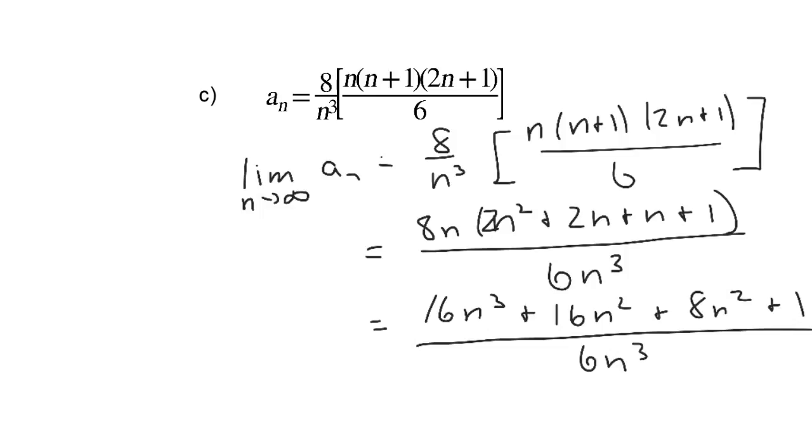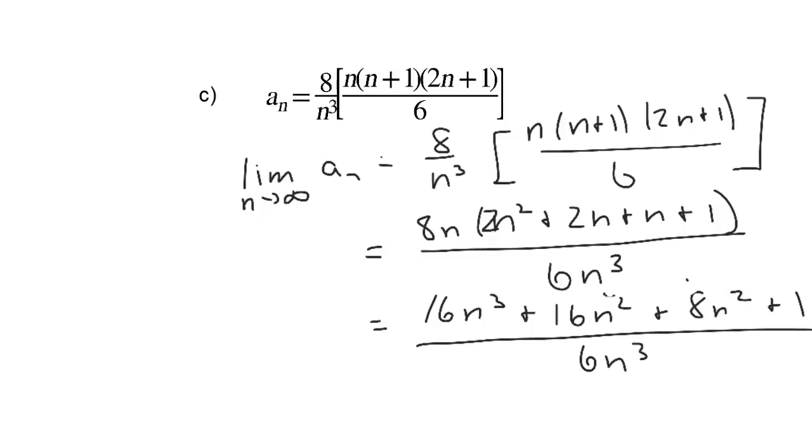Now I can simplify by adding these two terms together. 16n squared plus 8n squared is 24n squared, but I really don't have to because I have polynomials of the same order in the numerator and the denominator.